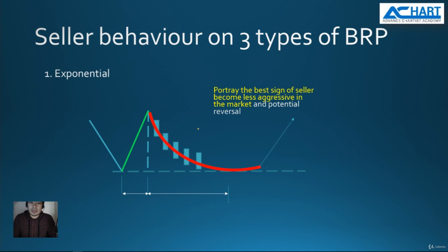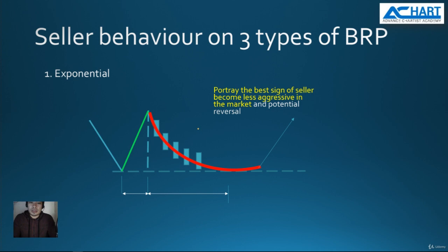It doesn't matter that it appears in all three types of bottom reversal pattern; if it appears exponential or parabolic, there is a high chance that the seller becomes really less aggressive.